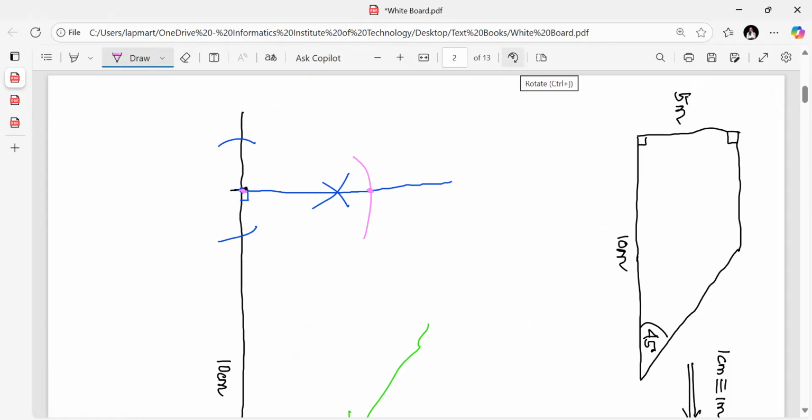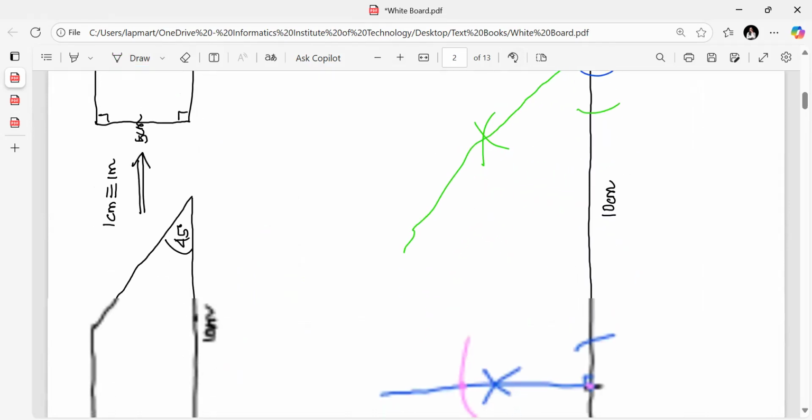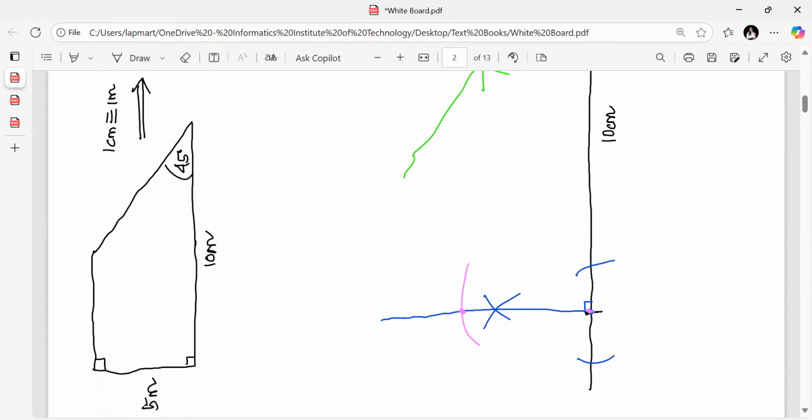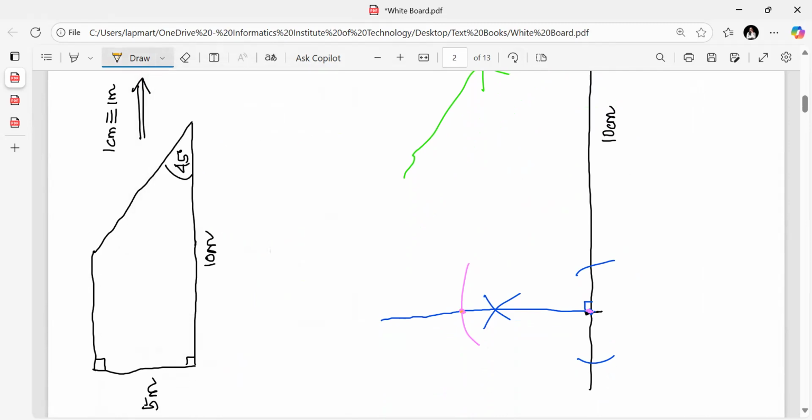You rotate your paper like this, right? Then you construct something like this. I will take this color here.